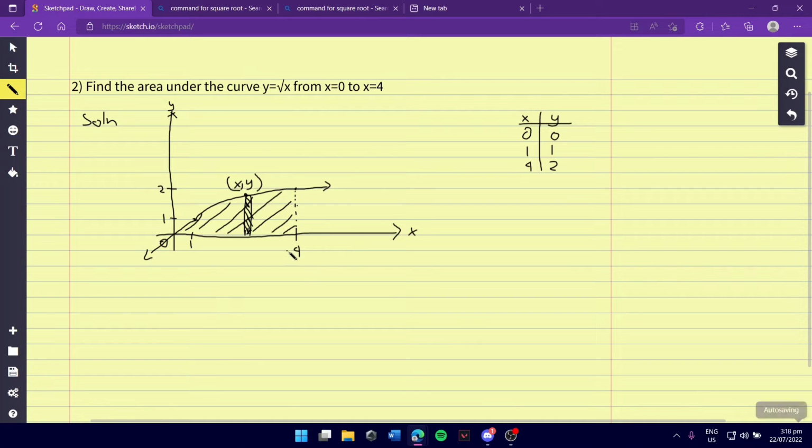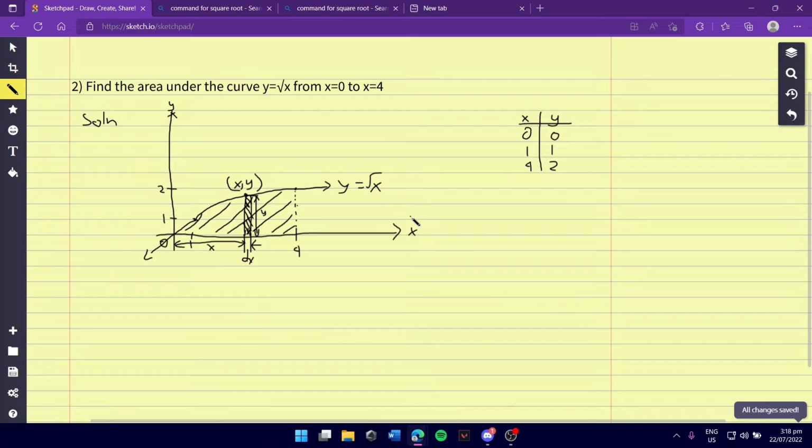Next is to find the height and the width. From here to here, this is your height, which is equal to y. And from the origin to your vertical strip, this is your x, and this is your width. I mean the thickness. This is now your dx. Our curve here is y is equal to the square root of x.